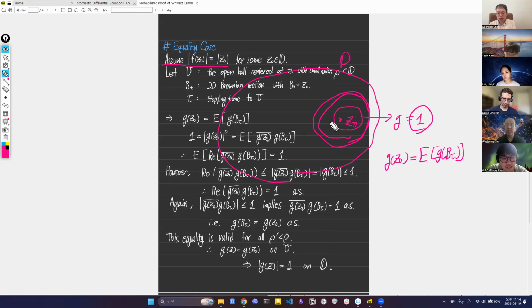And then we adjust the radius. So every circle centered at g0 has the value 1.